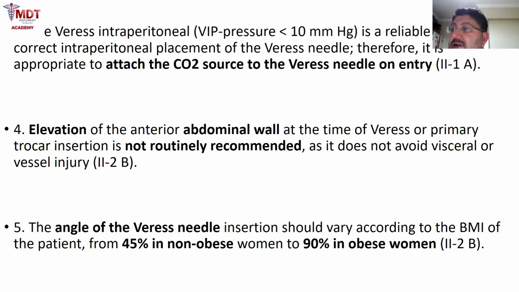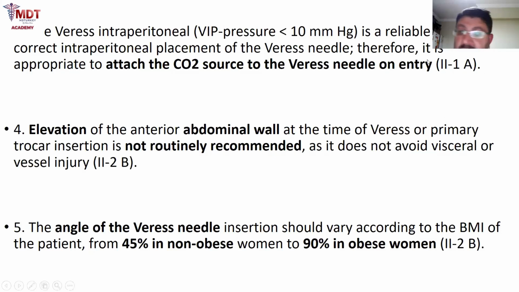So they recommend you to attach the gas to the Veress needle when you are inserting it into the abdomen. And also the quality of evidence for this recommendation is also two.